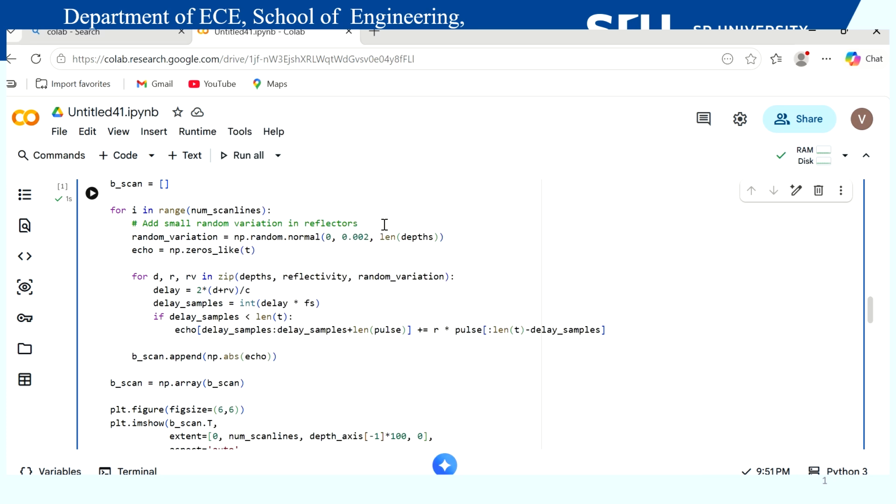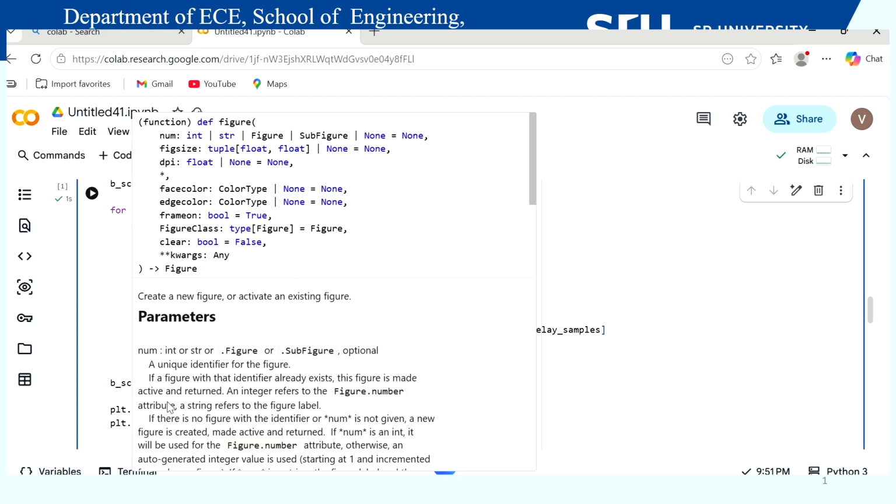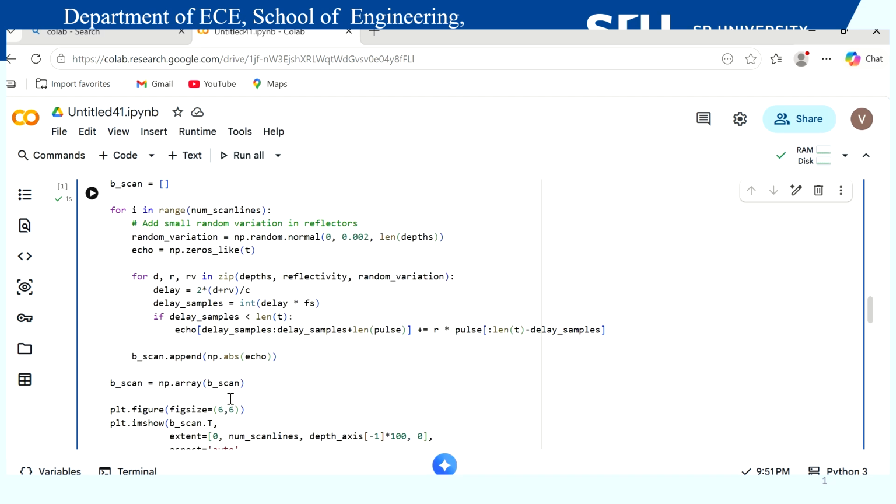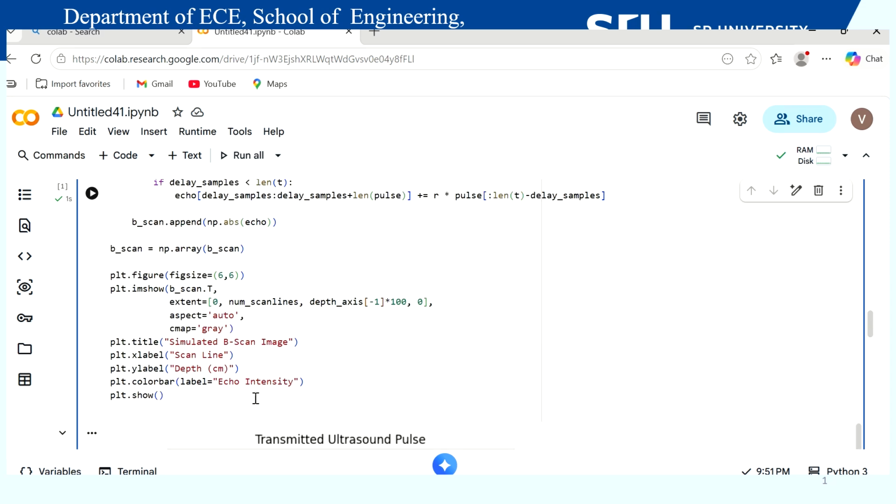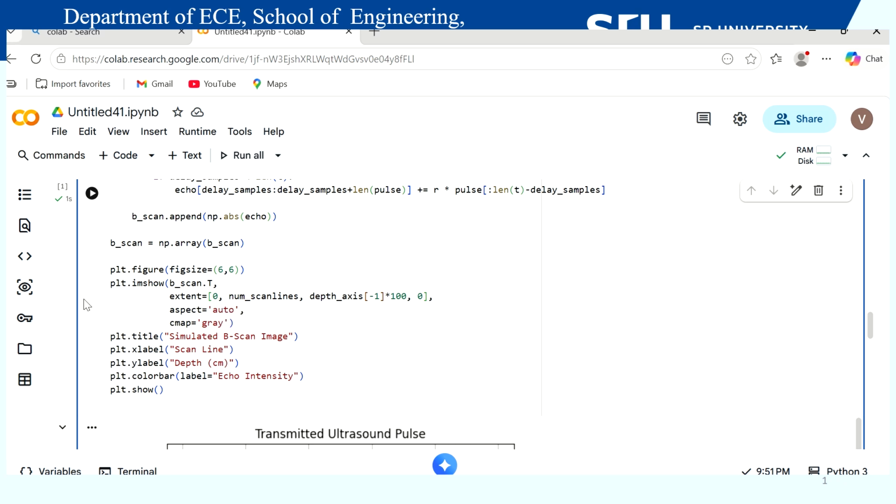Finally, convert into a 2D array: B_scan equal to np.array(B_scan), and then display the B-scan image, that is plt.imshow(B_scan.T, extent equal to 0, num_scan_lines, depth_axis[-1]*100, 0, aspect equal to auto, cmap equal to gray.